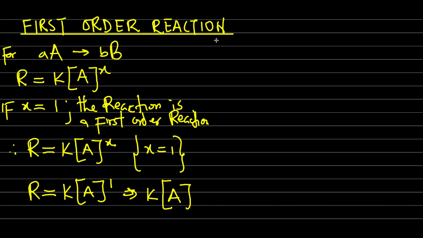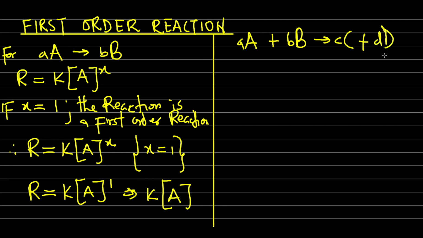What if we have a reaction that has two reactants? What if I have A and B?